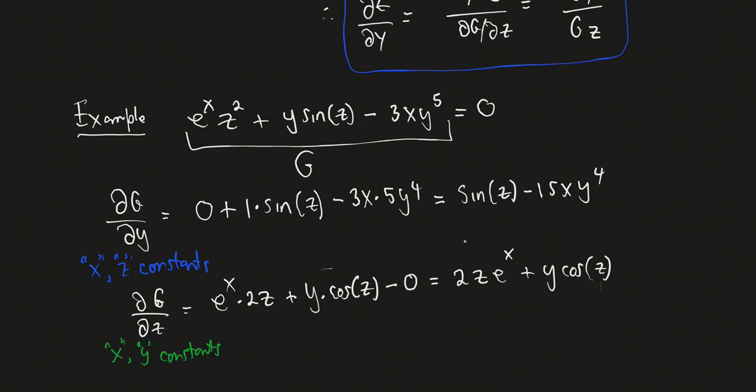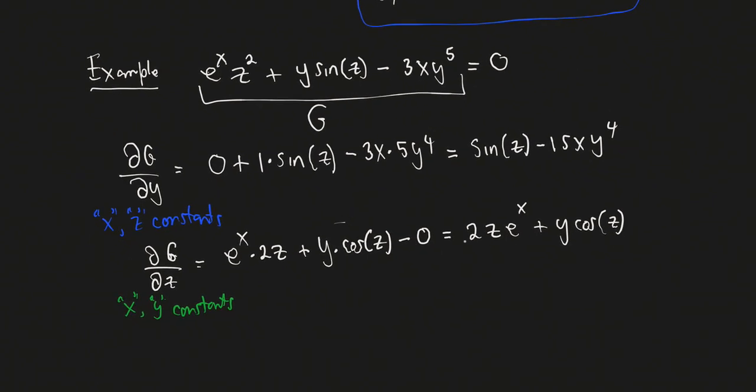So now, what does this mean? If I want to find, let's say, for instance, the instantaneous rate of change of z with respect to x, right, my dependent variable, with respect to x, I have to take the negative. There's that negative sign in the formula. So the negative of this over this.